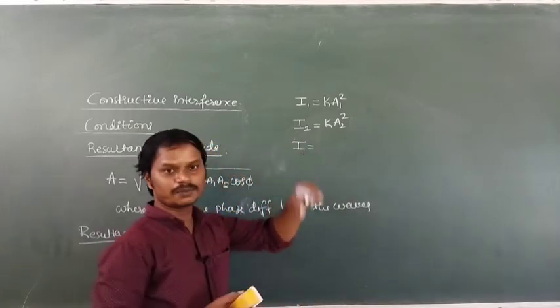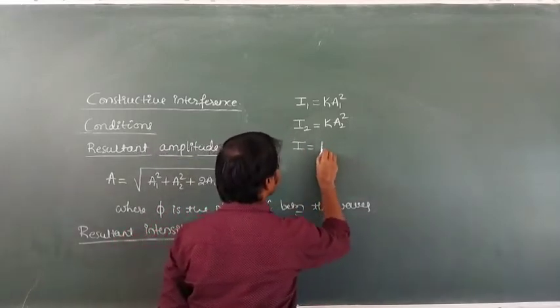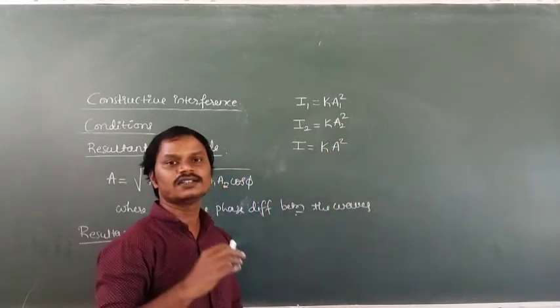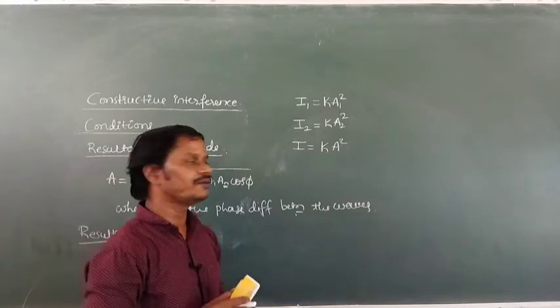Then the intensity of the resultant wave is k into A square. What is A here? A is nothing but the amplitude of the resultant wave.